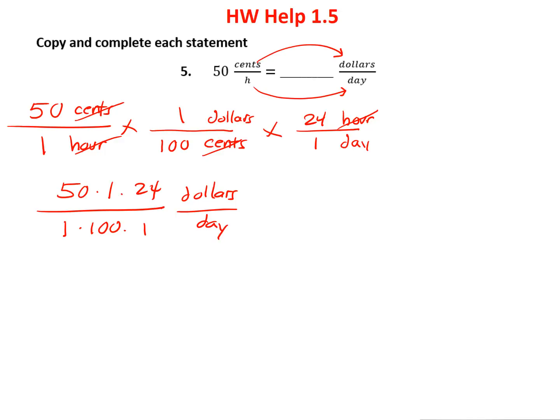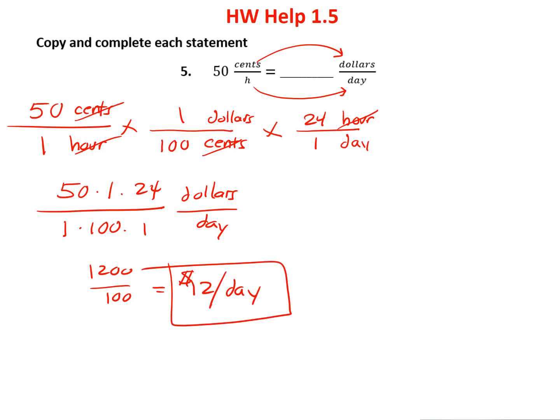So if we multiply this out, we have 50 times 24, 1,200, divided by 100. So we end up with $12 per day is our answer. Not bad.